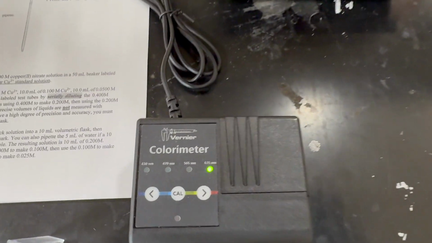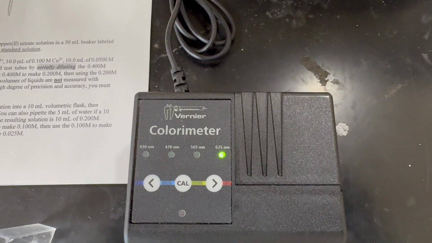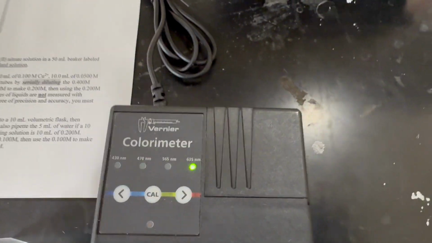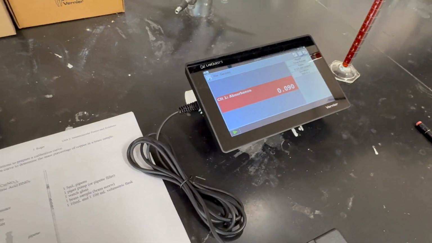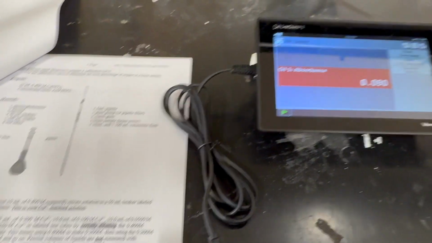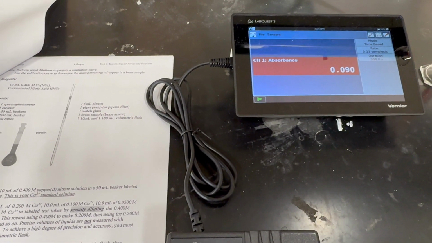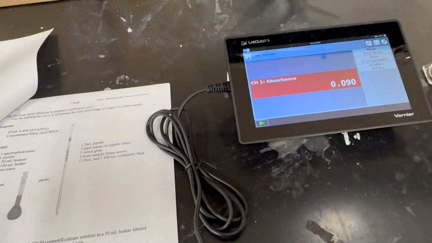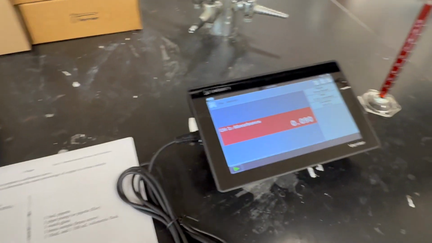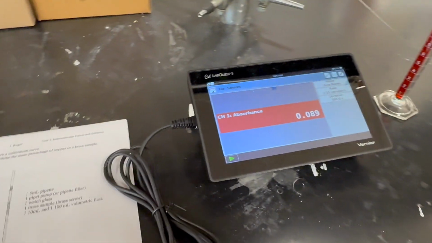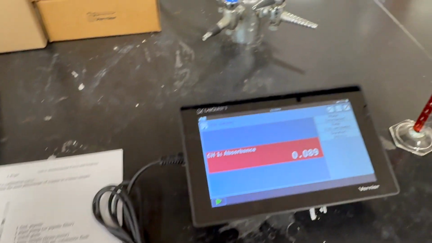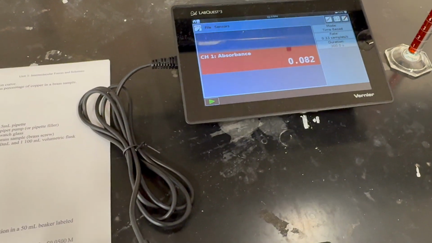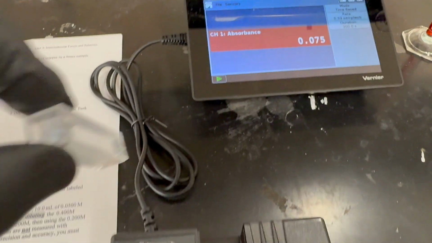So we're going to set the colorimeter to 635 nanometers. This would be the wavelength for the red color. And we will calibrate the colorimeter. So we're going to use just plain water and set the absorbance of the water to 0.